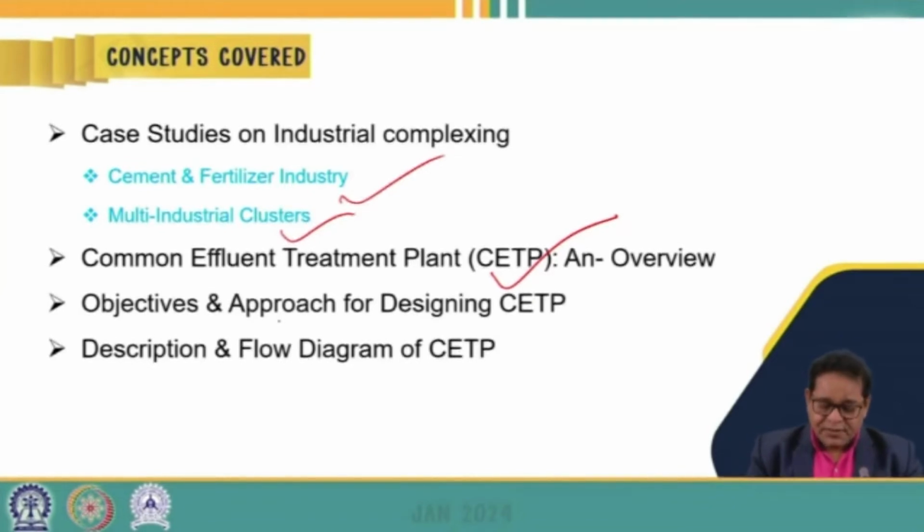We will also go through the objective and the various approaches used for designing a common effluent treatment plant. Finally, we will go through the description and the various unit operations involved in the common effluent treatment plant, their objectives and the overall efficiency.